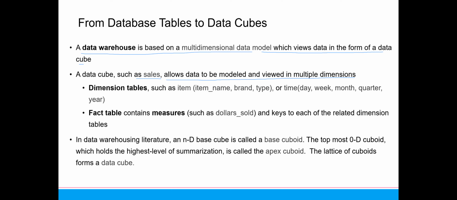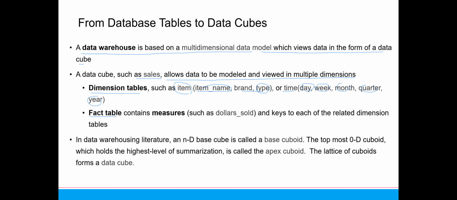For example, in the dimension tables, we have item. The item table contains item name, brand, type, or time. You can have the day, week, month, quarter, year.